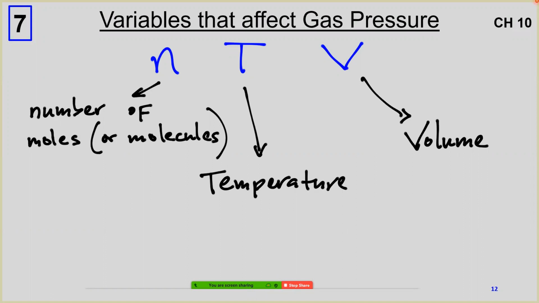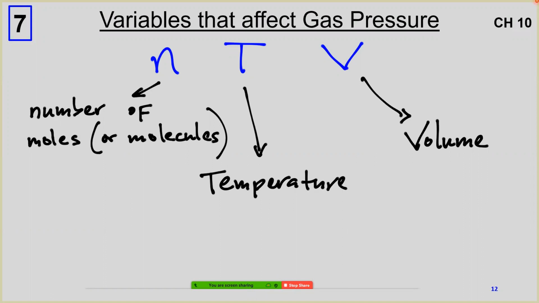So if you are just thinking about, let's say, the number of moles or number of molecules, and keeping the 2 variables constant, they're not changing, then increasing the number of molecules would result in the increase in gas pressure, because now you have a bunch of molecules in a container, let's say a small container, and increasing the number of molecules would increase the rate of collision or the frequency of collision inside that container.